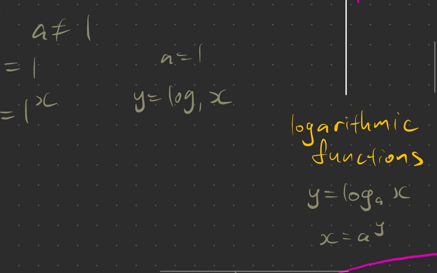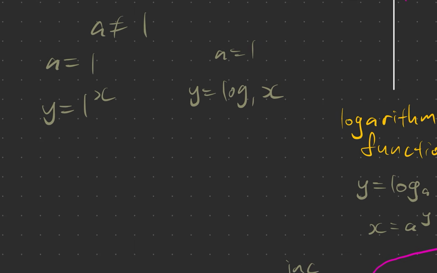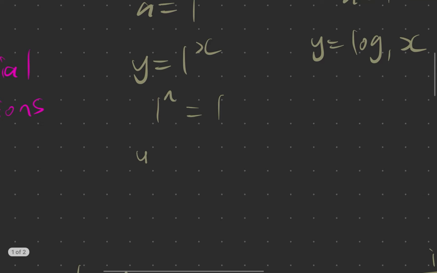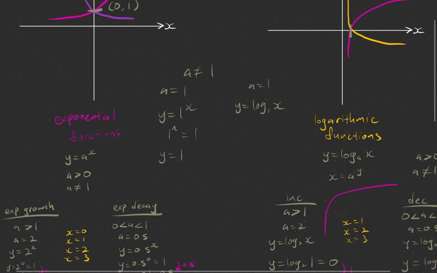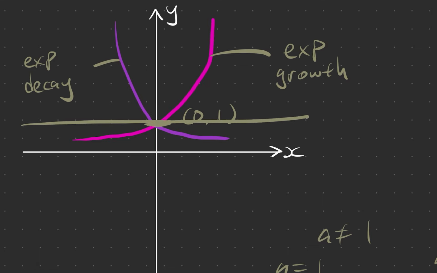And from this, we actually know that it's not possible because the base must be a number more than 0, but it cannot equal 1. Yeah, that's the rule. And as for the exponential one, we know that 1 to the power of anything is just 1. So we'll end up getting y equals 1, which is not an exponential function. It is just a straight horizontal line intersecting y at 1.